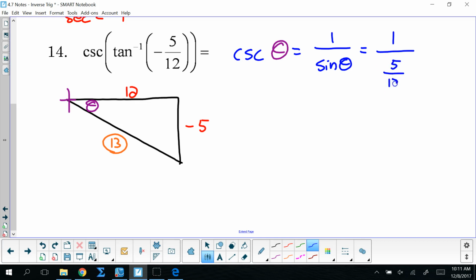But because I'm in quadrant 4, it's -5/13. The reciprocal of that then is -13/5. Agree with that? Okay.